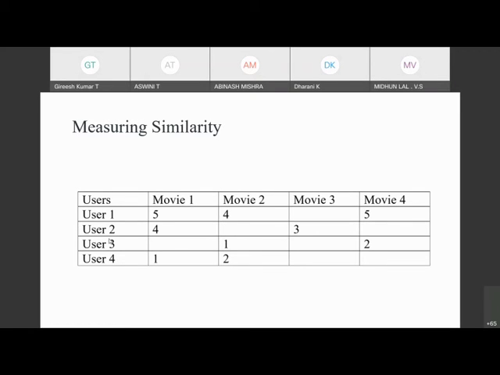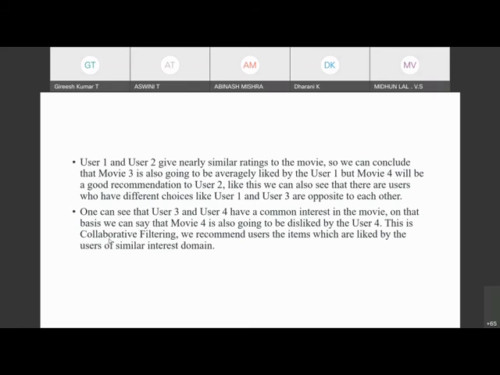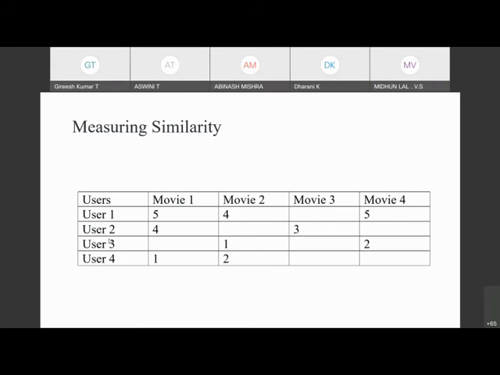Now what exactly do you have to do? Now you have to measure the similarity. This similarity is going to tell you that these two users have the same taste, or this user has a different taste, or something like that. Now I can tell you, just assume that we have four different movies: movie 1, movie 2, movie 3, and movie 4.